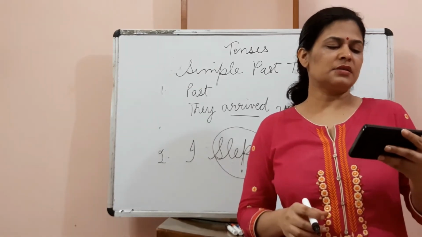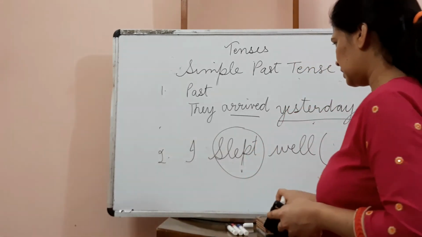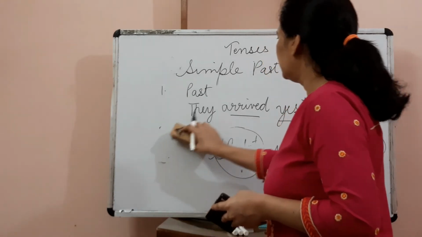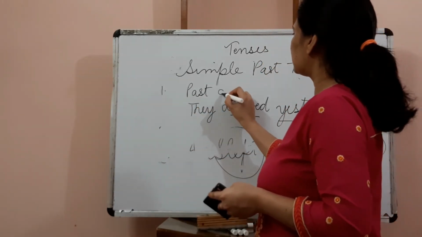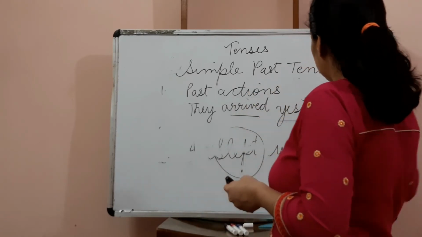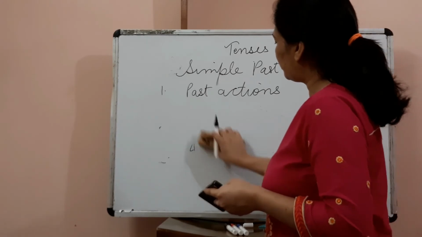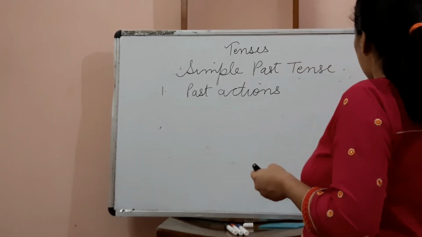The simple past is also used for habits or repeated actions in the past. This is another usage. We had seen that it is past actions. One usage is past actions, and the second usage is the past habit or past repeated actions.